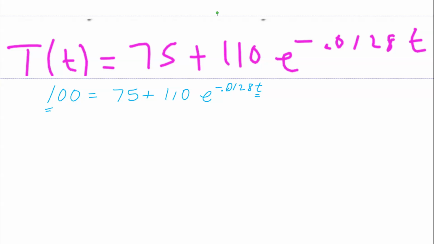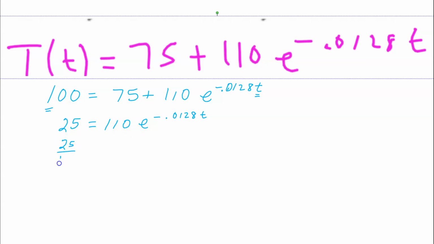If we solve, we're going to subtract that 75 first. That gives us 25 is equal to 110 e to the negative 0.0128 t. To move that 110 over, we're going to do a quick division.